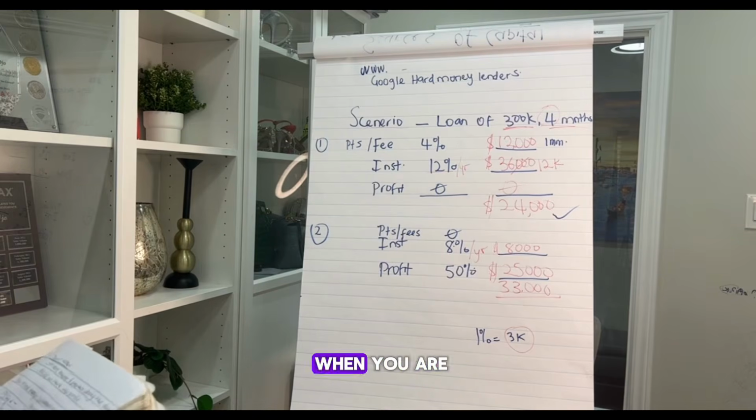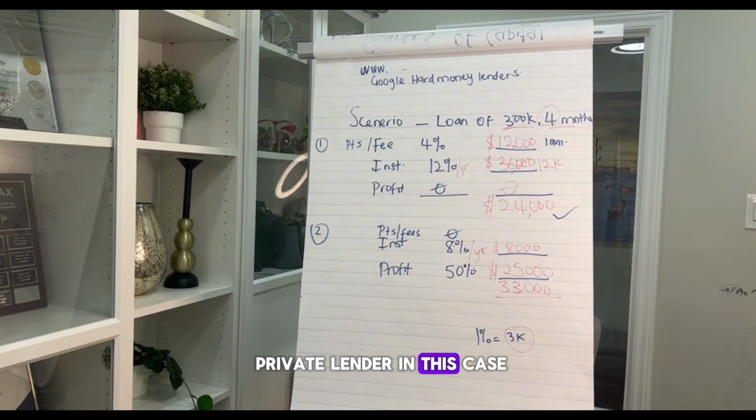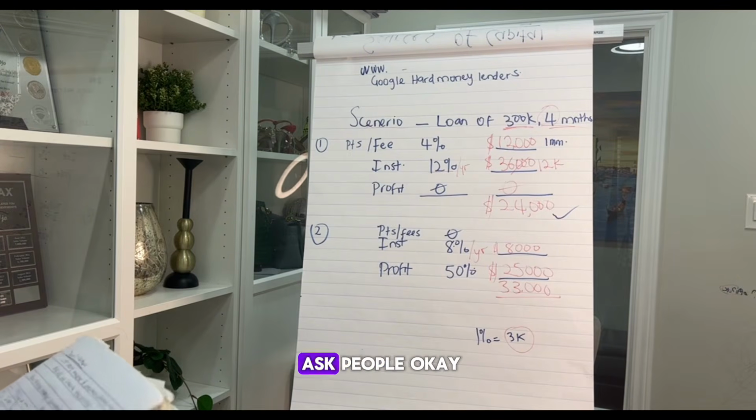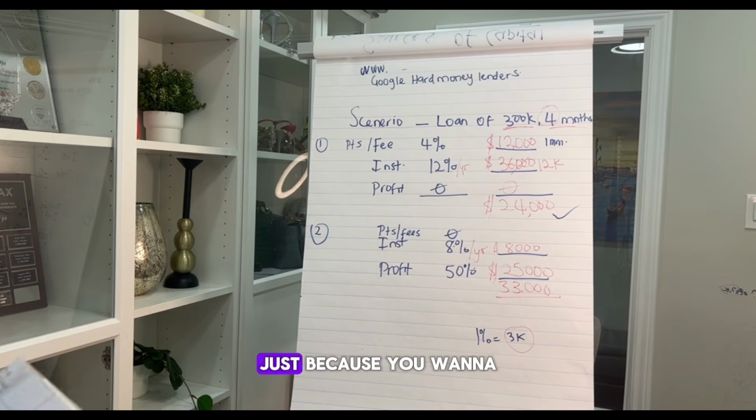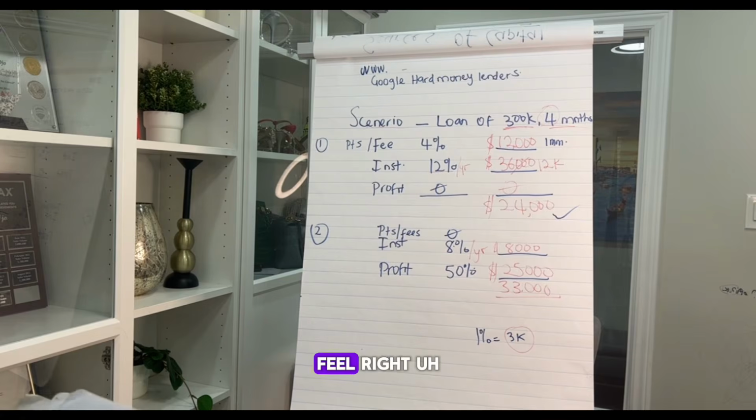If you are a private lender giving money out to people, make sure you ask, I see the deal, I see how you can make money, I see your plan, I know exactly how long the term is, I've seen other projects that you've done, so you have some resume. But also ask them, where did you get your education from? You want to make sure they are not going to fail, to reduce the chances that they're going to fail.